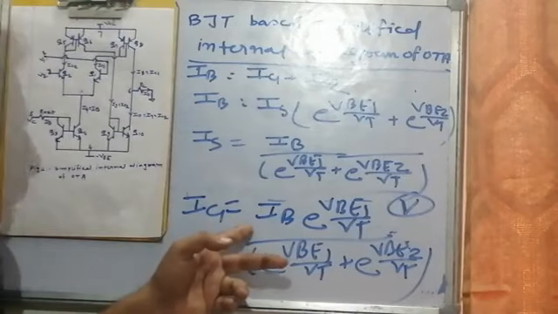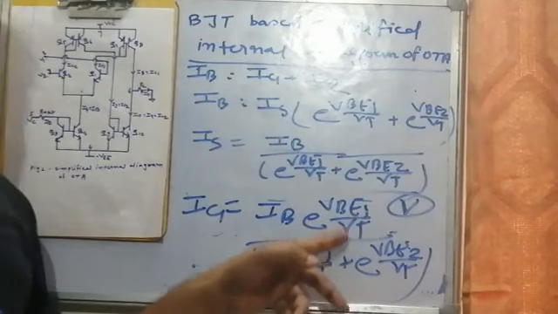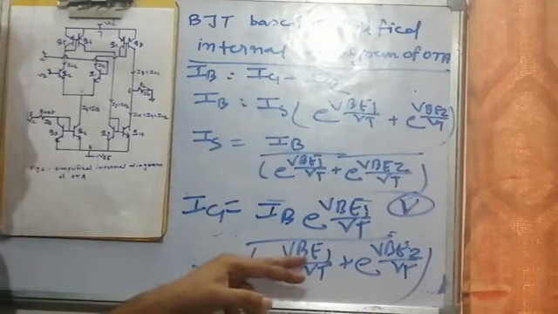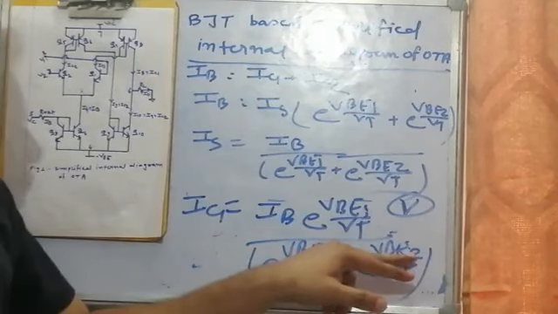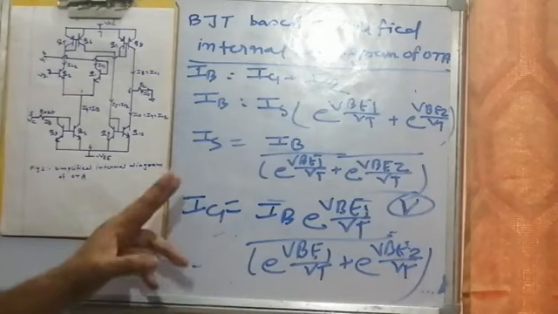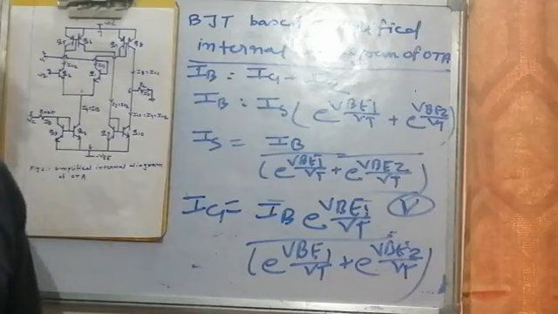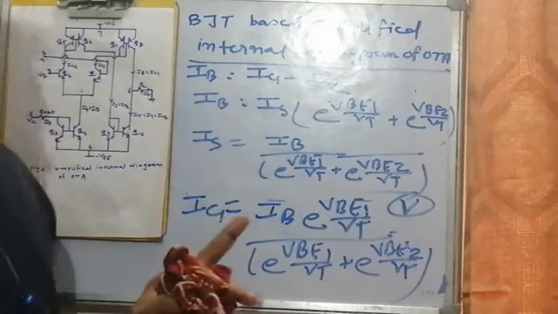What is the value of IC2? IB e to the power VBE2 divided by VT, and the whole division is e to the power VBE1 by VT plus e to the power VBE2 by VT. So here I am not writing the value of IC2. I know the value of IC1 and IC2.